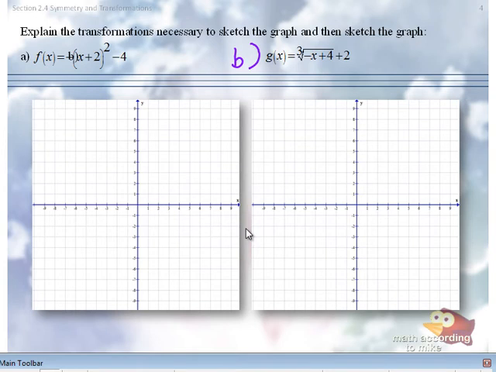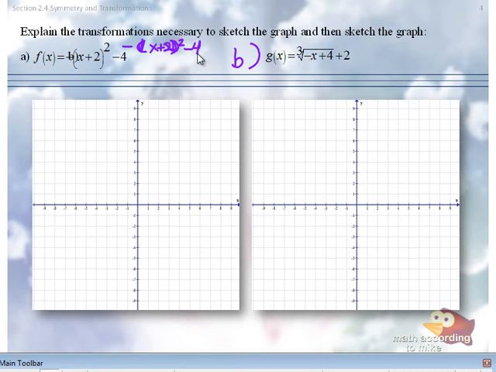So yeah, it should say negative parentheses x plus 2, squared, minus 4. That's a lot easier to read now. What are you going to do?